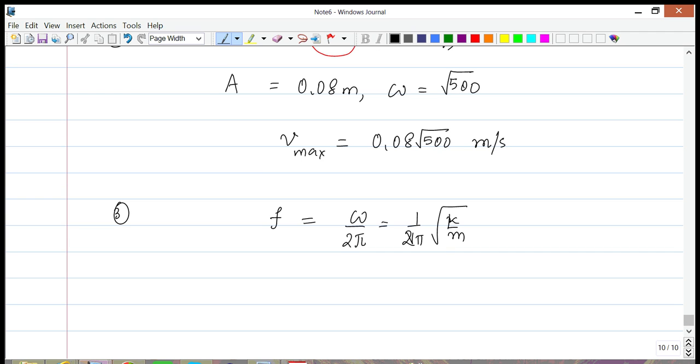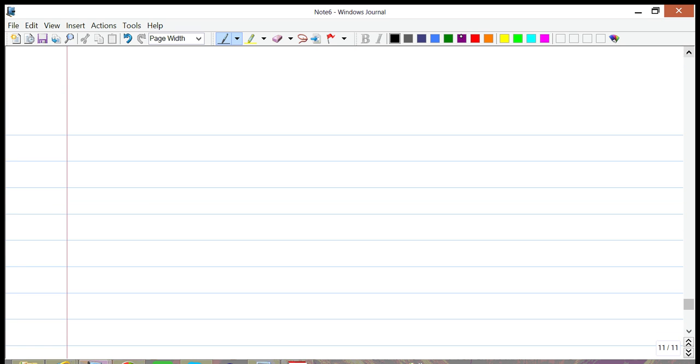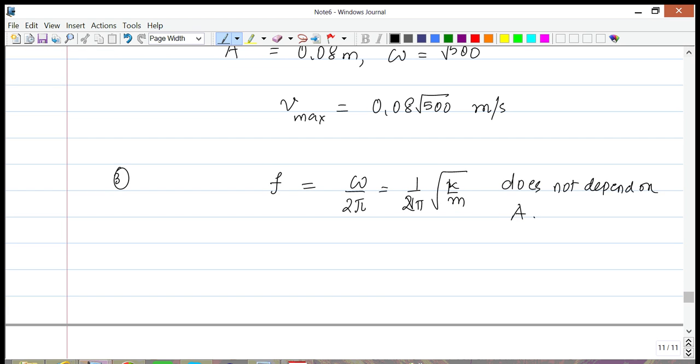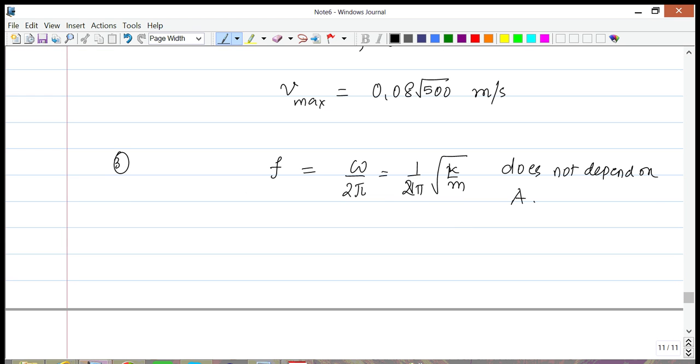When I change 0.08 to 0.16, I'm effectively changing the amplitude, and frequency does not depend on the amplitude for the mass spring system. So it doesn't matter. If the frequency does not depend on it, then f will continue to be the same. f will still be equal to square root of 500 divided by 2 pi. So it does not change, it remains the same.